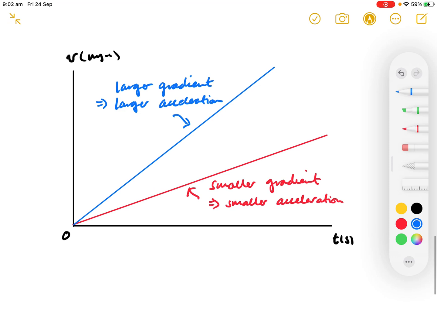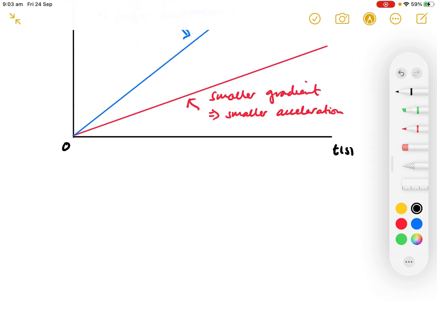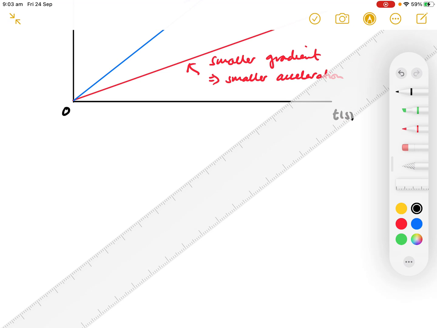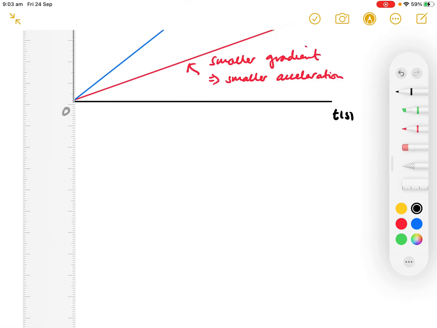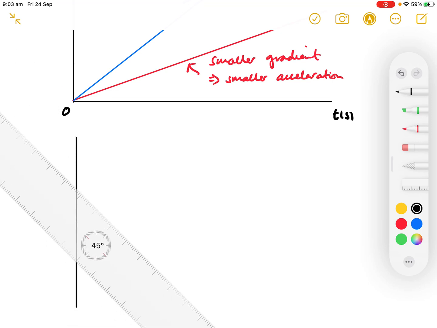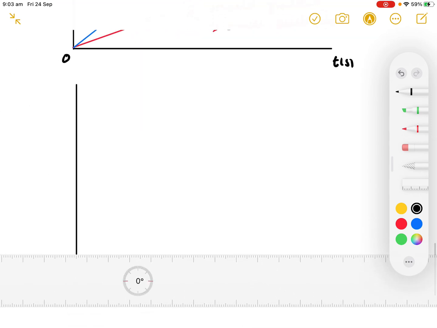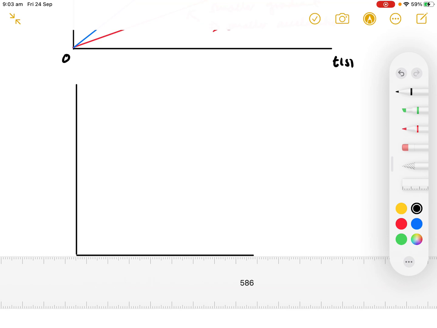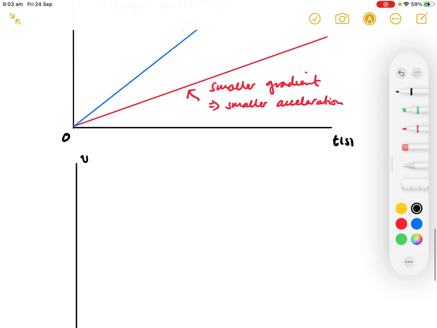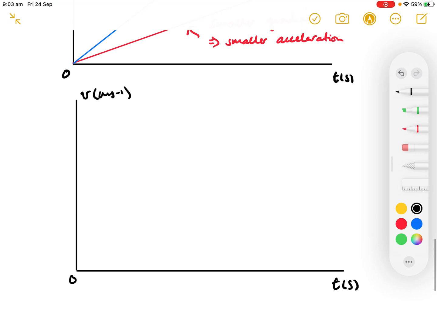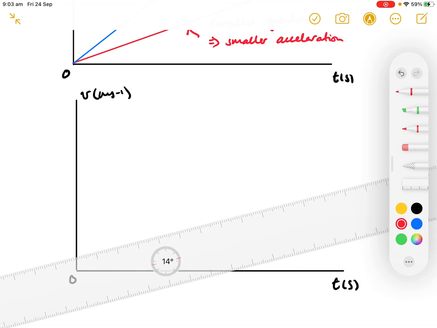Okay, and finally, in this part, a similar sort of thing on a velocity time graph again. Time on the x-axis, velocity on the y. So say you had a particular body.